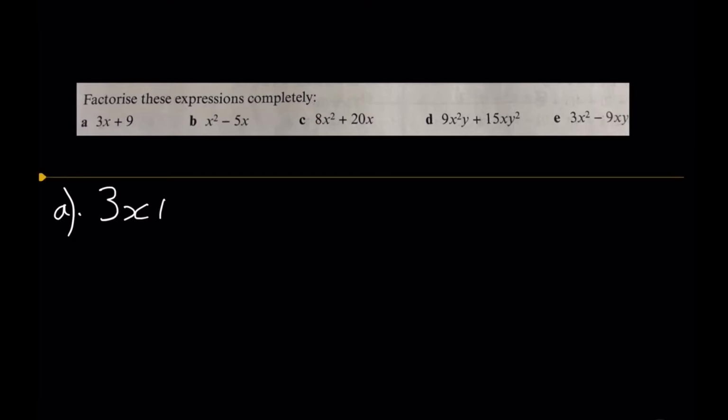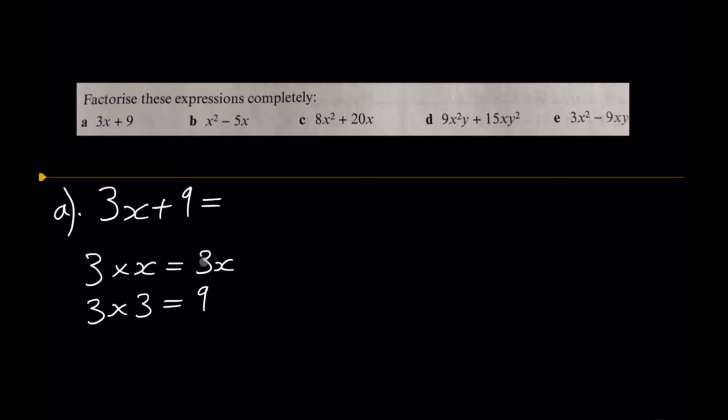Now let's look at some examples of factorizing. Let's start off with the first one here, 3x plus 9. So 3x can also be written as 3 times x, and 9 can also be written as 3 times 3.